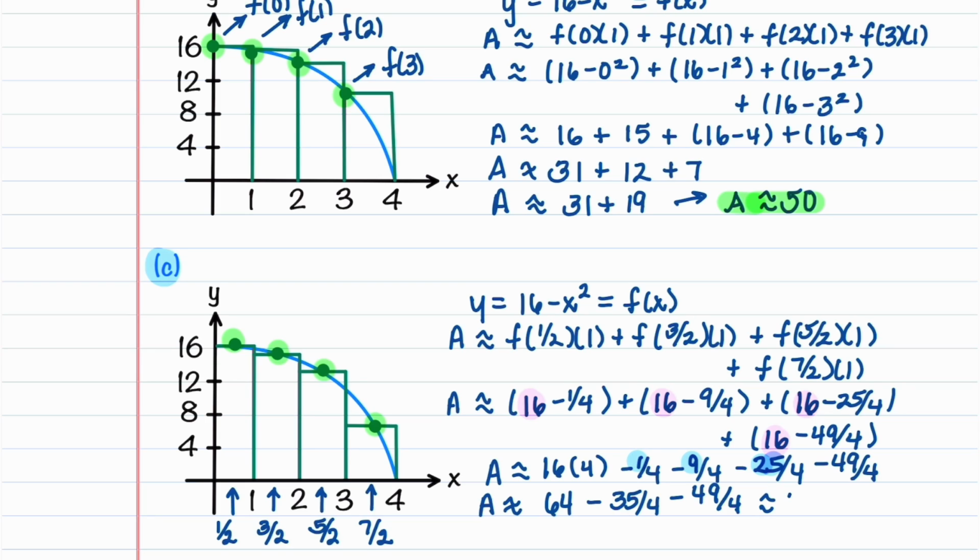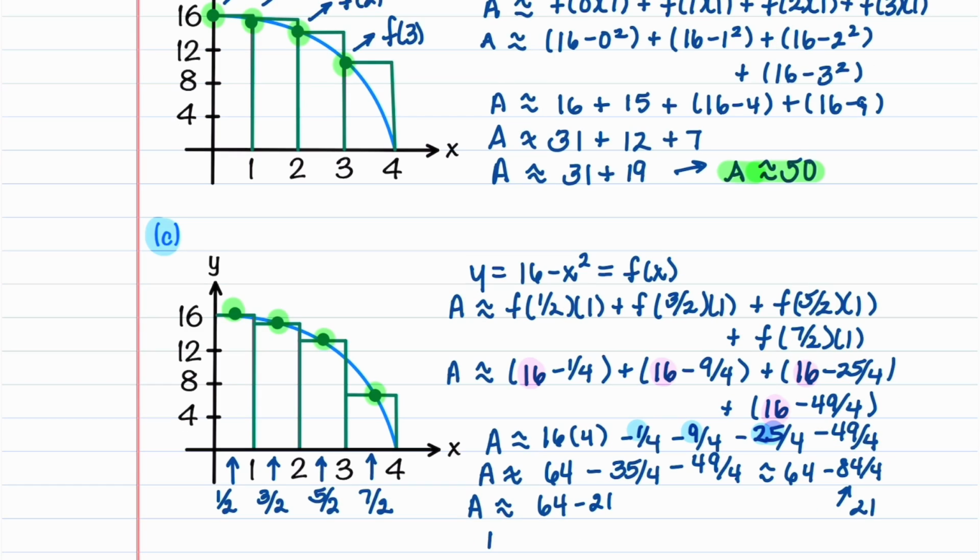And this is 64 minus 84/4. That's really nice because 84/4 is 21. So our area is approximately 64 minus 21. And that gives us an approximate area of 43.